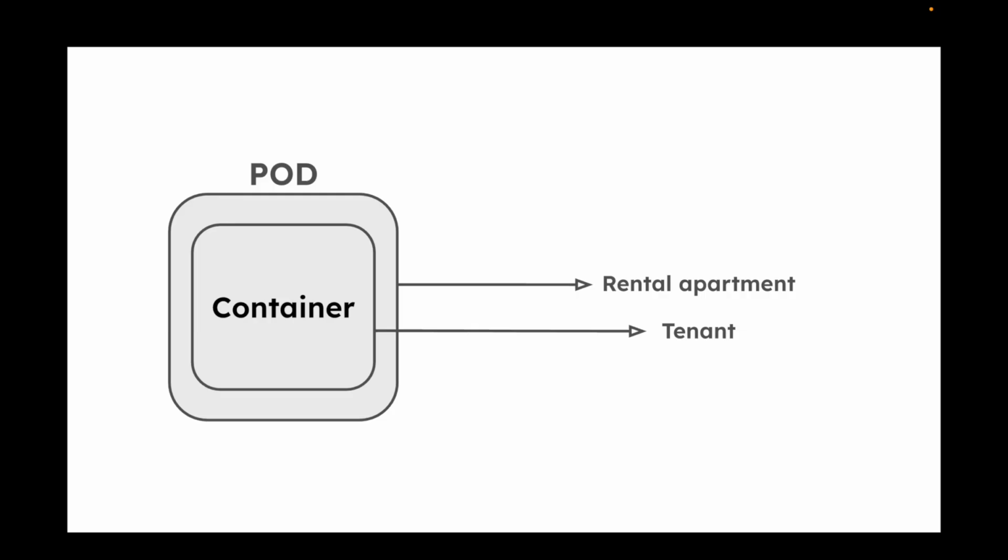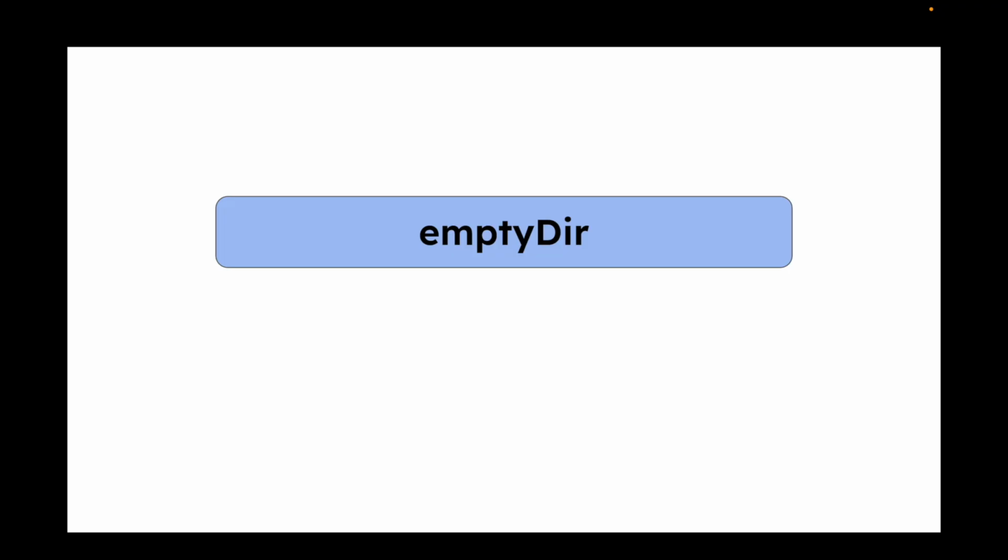At its core, a Kubernetes volume is simply a directory accessible to the containers inside a pod. Unlike the container file system, a volume outlives individual container restarts. Now, Kubernetes provides several types of volumes, but today we are going to focus on two foundational volume types every engineer must master. First is emptyDir. This is an ephemeral volume created right when the pod is assigned to a node.